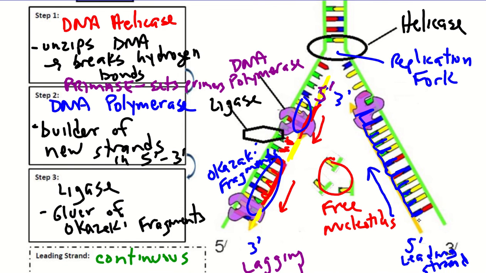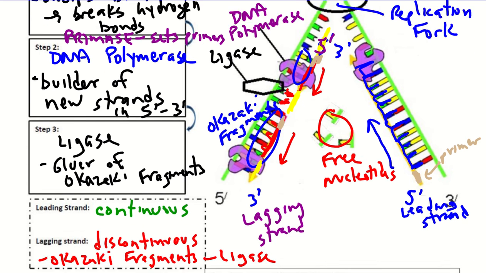So in this case, there might be a primer right here, which tells DNA polymerase this is where you begin. On the lagging strand, there may be a primer right here, there may be a primer right here, which leads to the gaps, which leads to the Okazaki fragments, those gaps that need to be glued down and solidified by ligase. It's just more of an FYI.